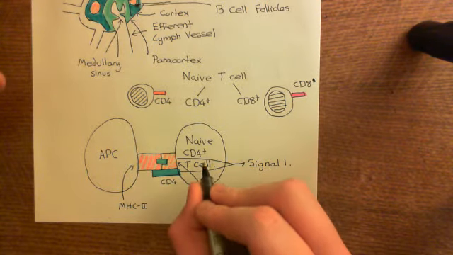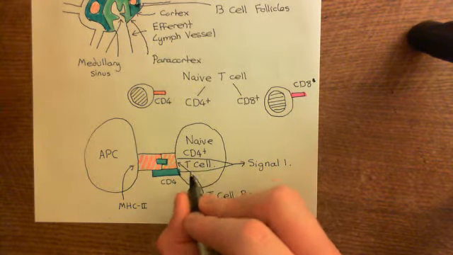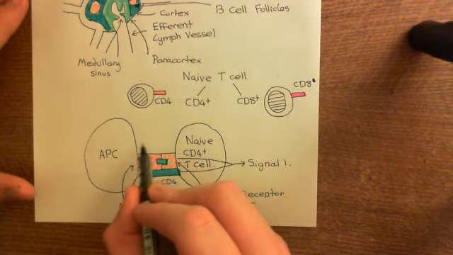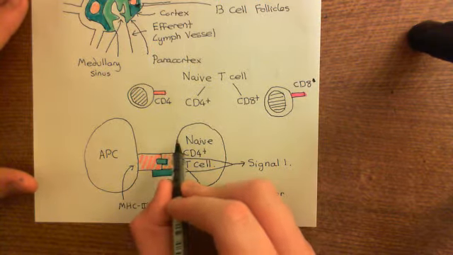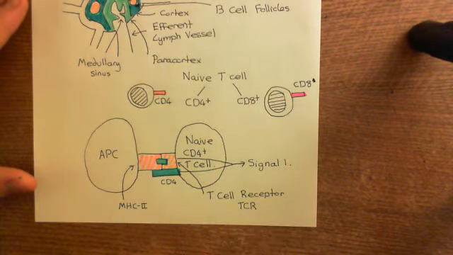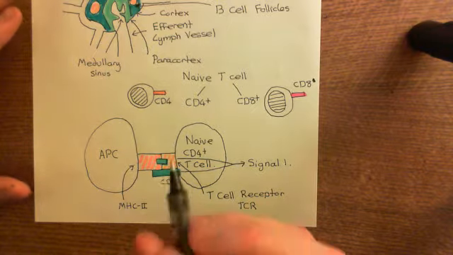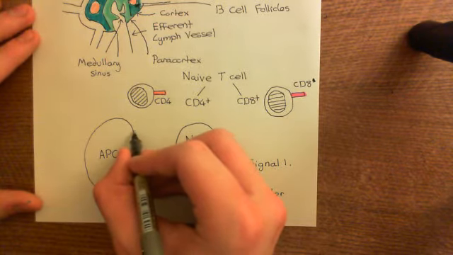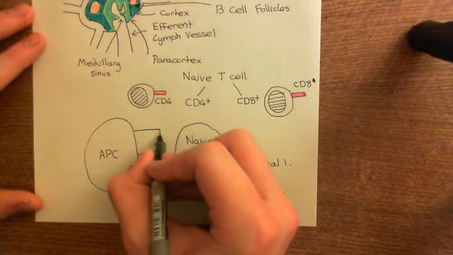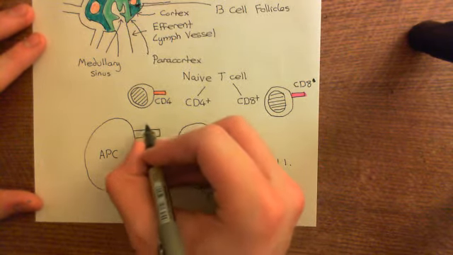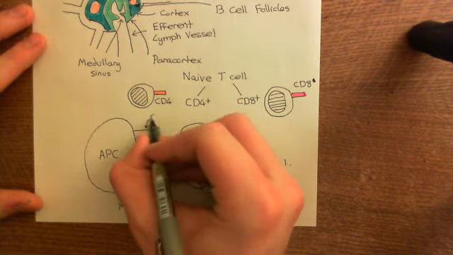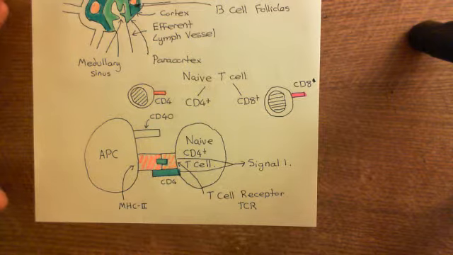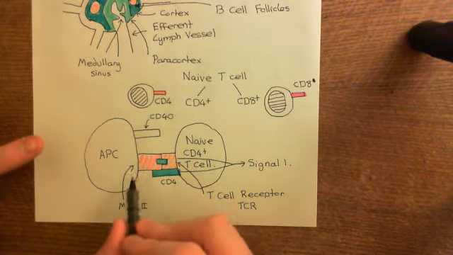Instead, to activate the naive CD4 positive T cell, the antigen presenting cell needs to have co-stimulatory molecules on its surface which can activate receptors on the surface of the naive CD4 positive T cell. So it's going to have two major molecules on its surface. Let me draw these here. You're going to produce CD40, the cluster of differentiation 40, and you're going to put that on your membrane.